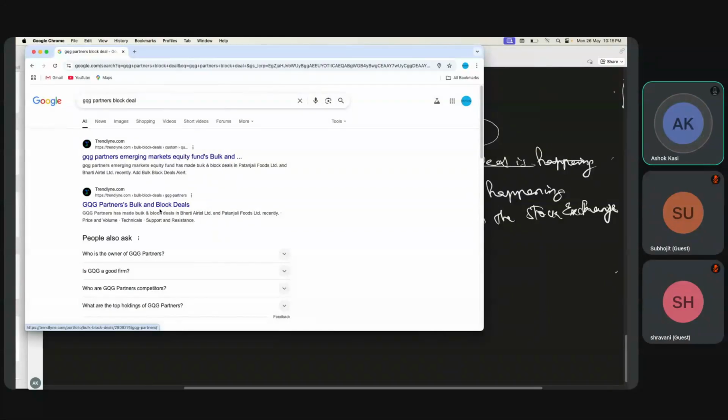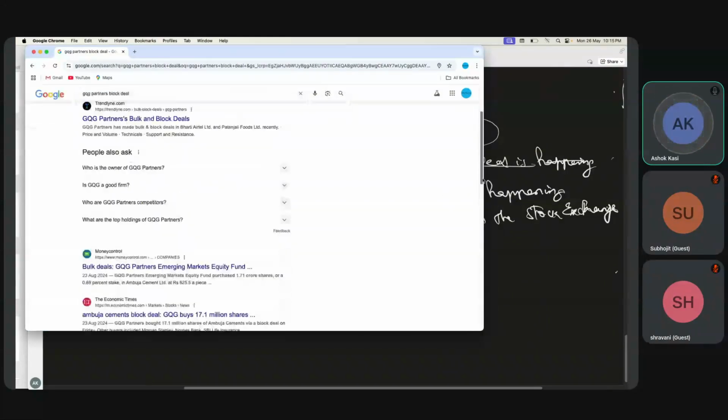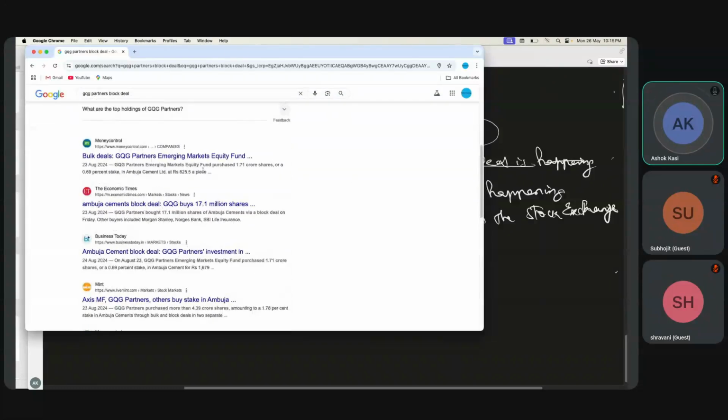What are they doing? They are doing some block deals. That means privately they negotiate with the investor and they are buying. This is a block deal. So this is the negotiation between whom? Between Ambuja Cement and GQG. See this: bought 17.1 million shares of Ambuja Cement via a block deal on Friday.